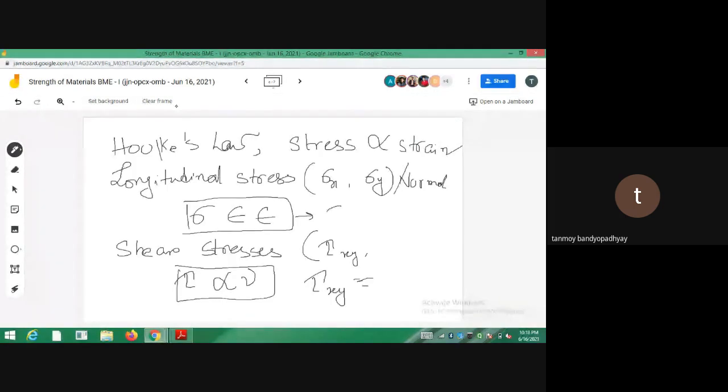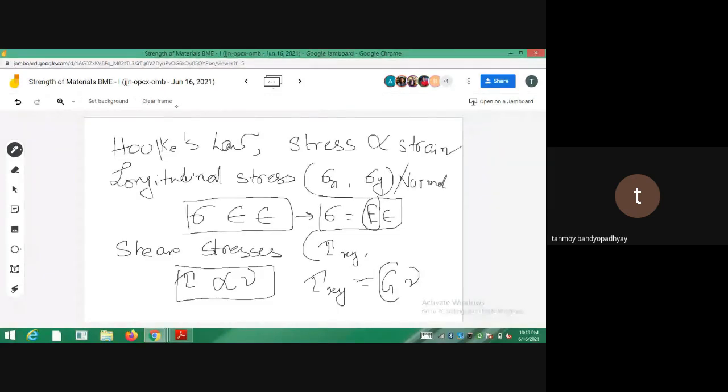In the normal case it was sigma equal to E epsilon, where E is the Young's modulus, which is the normal stress divided by normal strain. In this case the proportionality is different, and it is referred to as G, the modulus of rigidity.